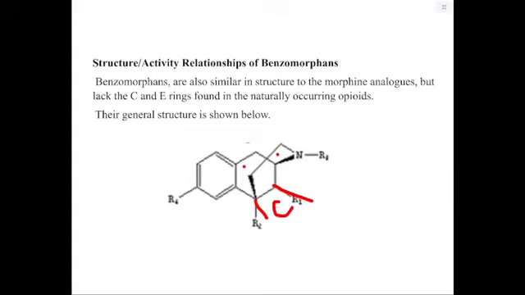And therefore, when we look at the substituents on this ring, the R2 position, or this group at that position and that group at that position, we can call them the remnants of ring C. I hope that is clear. If you draw your morphine molecule, you will see the ring C will project from here and there.